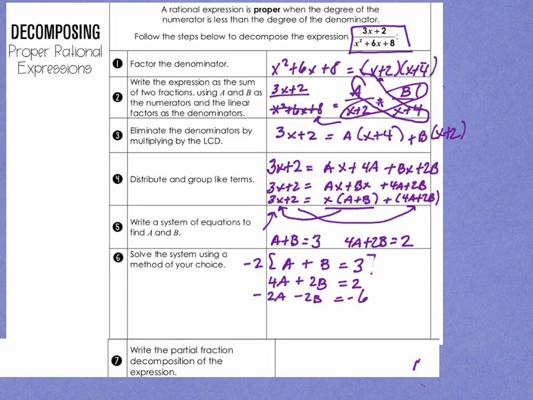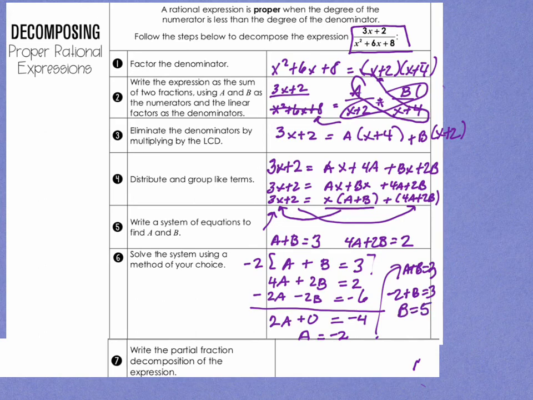Now I'm adding these two equations together, so I get 2A, this goes to plus 0, is equal to -4. So A is equal to -2. Then go back: if A plus B was 3, then -2 plus B equals 3, so B equals 5. Then you write it out as a partial fraction decomposition.